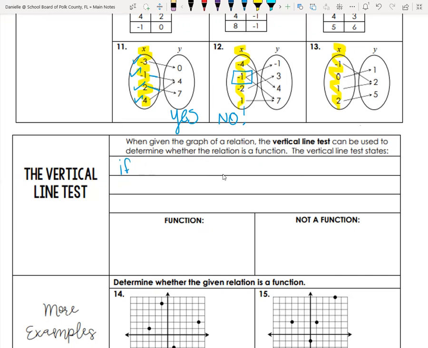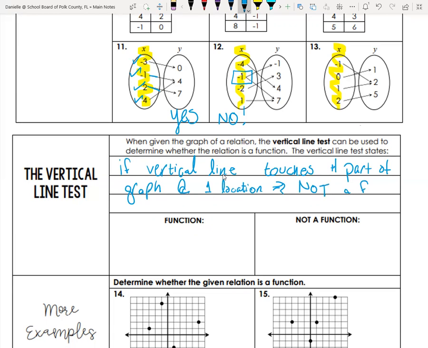If a vertical line touches more than one part of the graph at one location, then it is not a function.